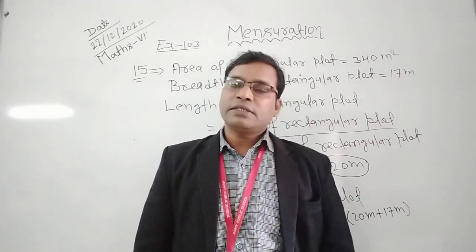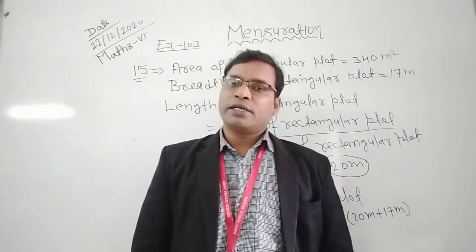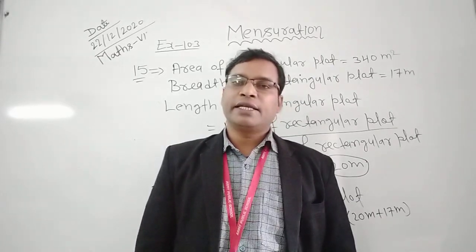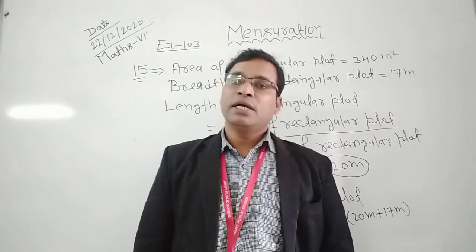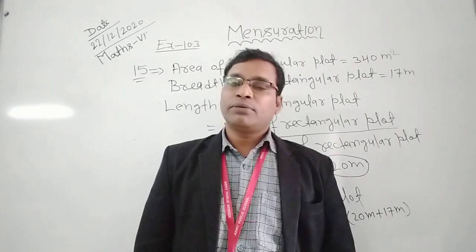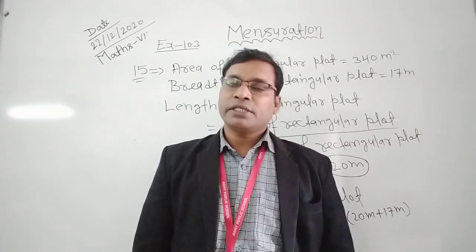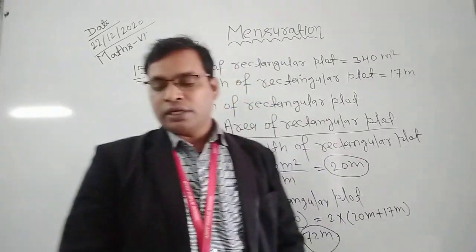Rate of fencing is 6 rupees per meter. So let's see how to find the breadth and the cost of fencing of the rectangular plot whose area is 144 meters square and the length is 16 meters and the rate of fencing is 6 rupees per meter.